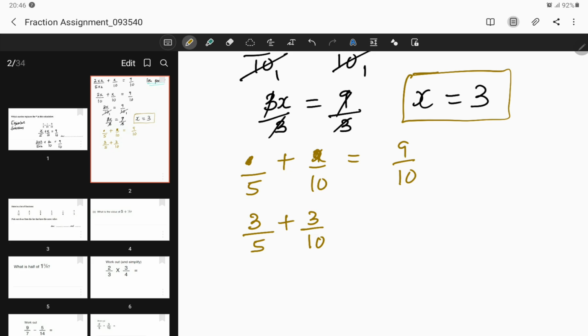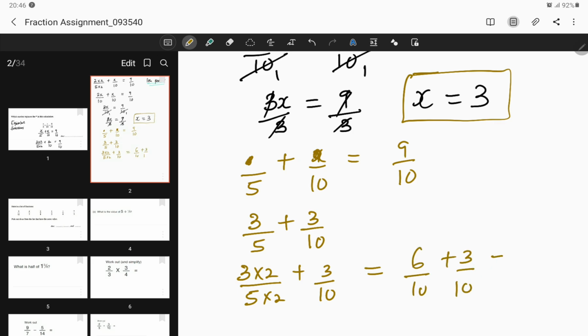For you to add or subtract fractions, their denominators must be the same. So what will I do to 5 so that it becomes 10? I multiply here by 2, multiply here by 2, plus 3 all over 10. So if you simplify, you're going to have 6 over 10 plus 3 over 10, which is equal to 9 over 10. So you've seen that our answer is x equal to 3.